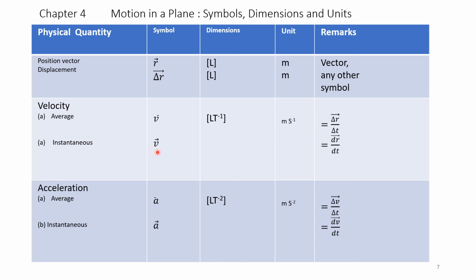Instantaneous velocity vector v is equal to dr by dt. Average acceleration, symbol a bar, has dimension L T to the power minus 2, meters per second squared, that is delta v by delta t, and instantaneous acceleration is vector a, equal to dv by dt.